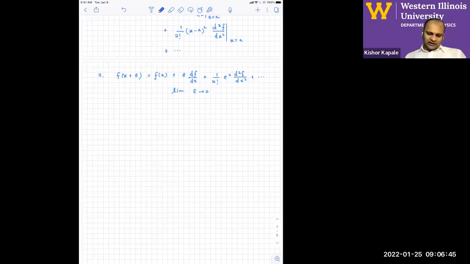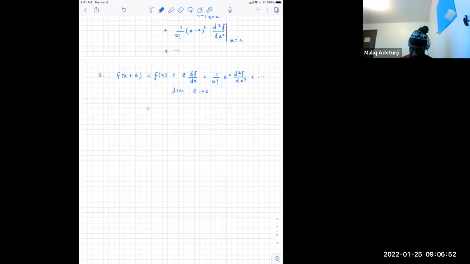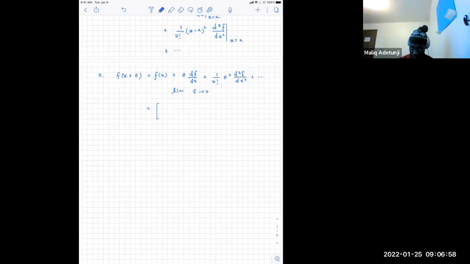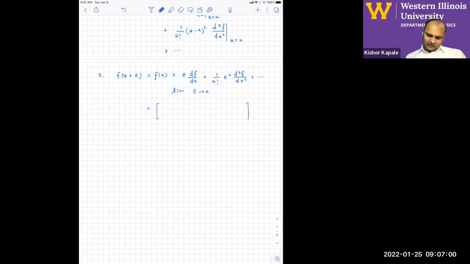Okay, that's that. Or we can use this form to look at it as an operator being applied on f of x. I'm just going to write a couple of terms here. The first term, of course, is 1. The second term is epsilon d over dx.